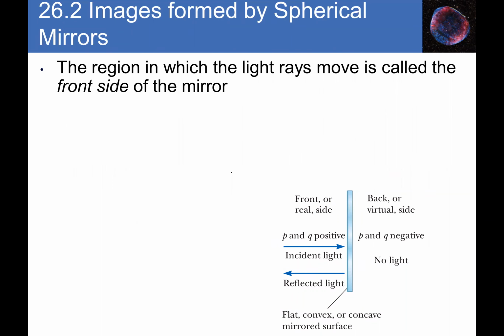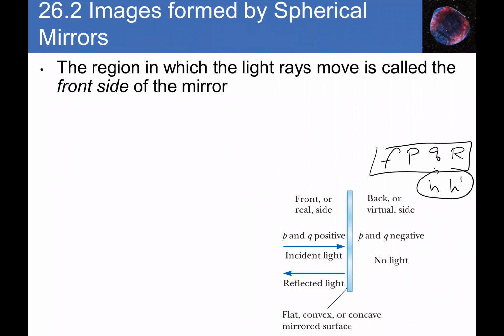So the sign convention is very important for mirrors, because whether you're using a flat mirror, convex mirror, or concave mirror, you need to understand that you're dealing with quantities like P, Q, R, and F, plus H and H prime. Those are your variables.